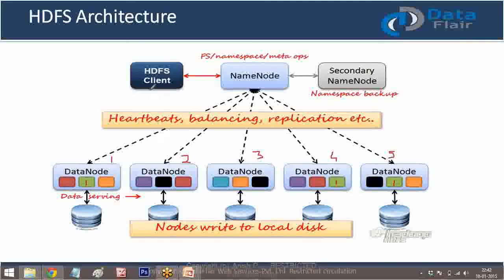Second point, the distance between the client who wants to access this block and this particular slave. Let me give a very simple example: my data node itself can act as a client. If on this data node itself I want to read the data, then instead of pulling the data from a third data node, this data node will give the response.